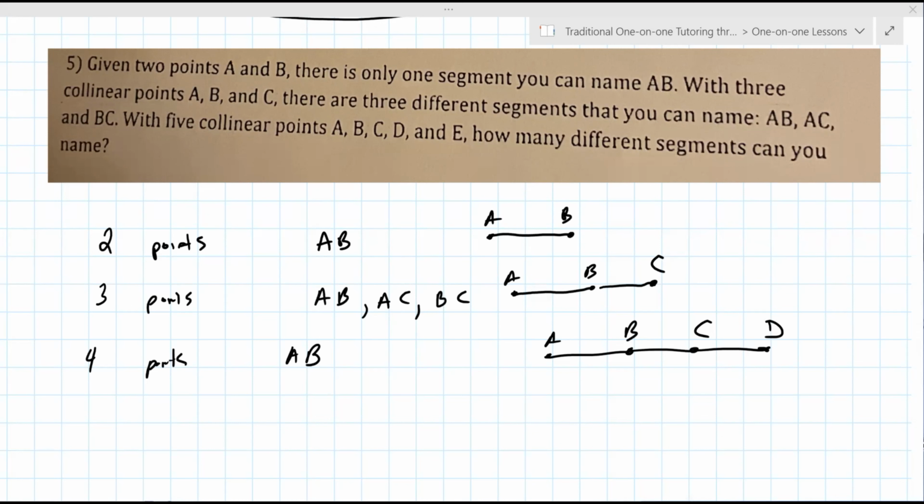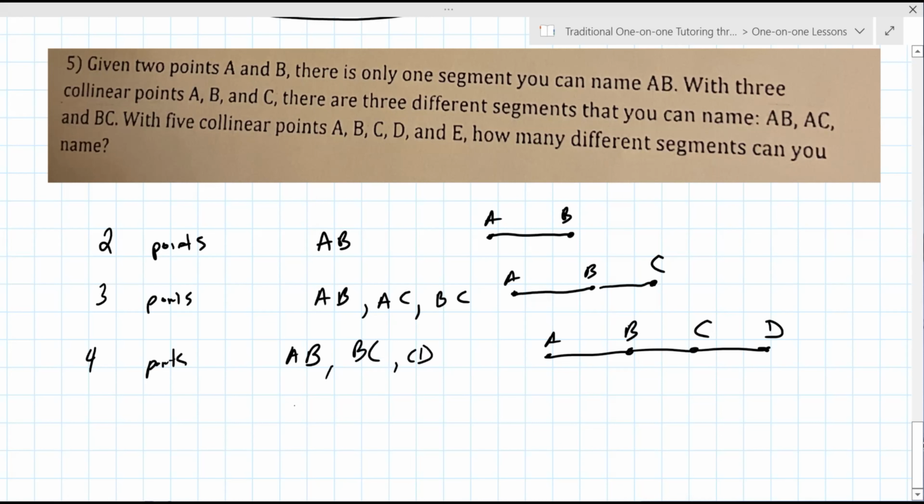Okay, so with 4 points, A, B, C, and D, do you agree that's 4 points, A, B, C, D? Okay, so it could be A to B. That's why I wrote that down. It could be B to C. It could be C to D. But now we can go a little bit bigger.